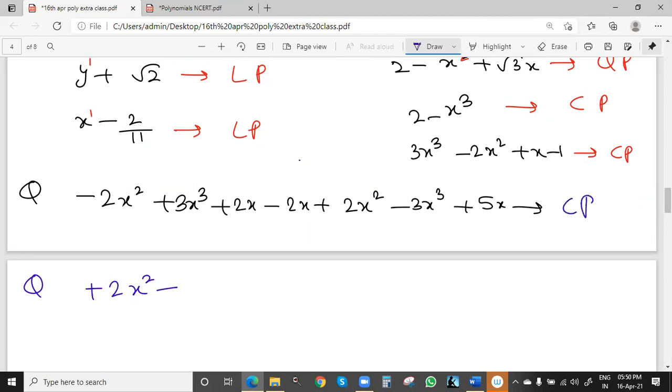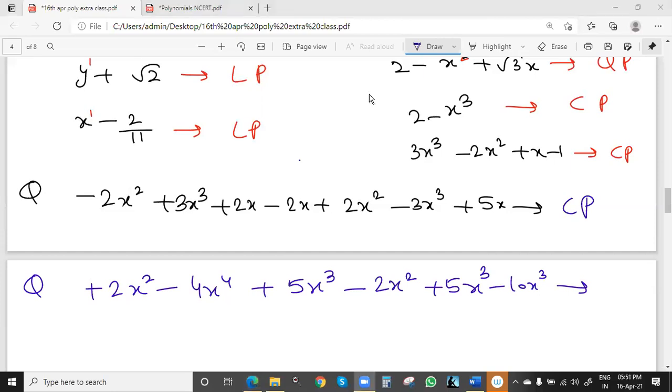Cubic only? All of you agree with me, or any other answer? Pratibha is saying linear.